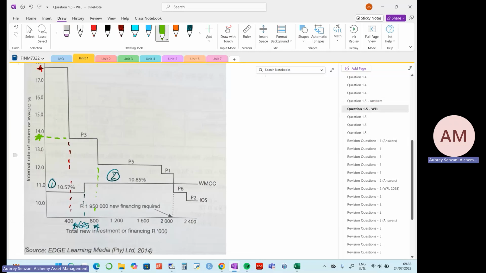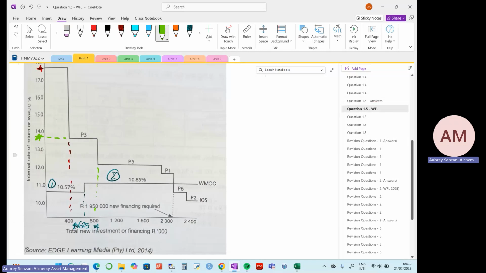So we then say, okay, cool. But how much more additional funding are we going to continue to seek to raise? P3 is still profitable. P5 is still profitable. P1 is still profitable, because all of them are beating our weighted marginal cost of capital. But P6, can you see, is below. Are we going to invest in it? No, because it's going to destroy shareholder wealth.